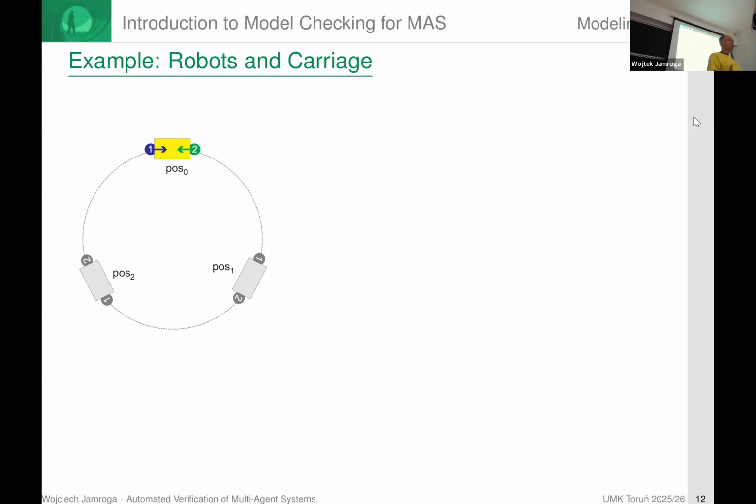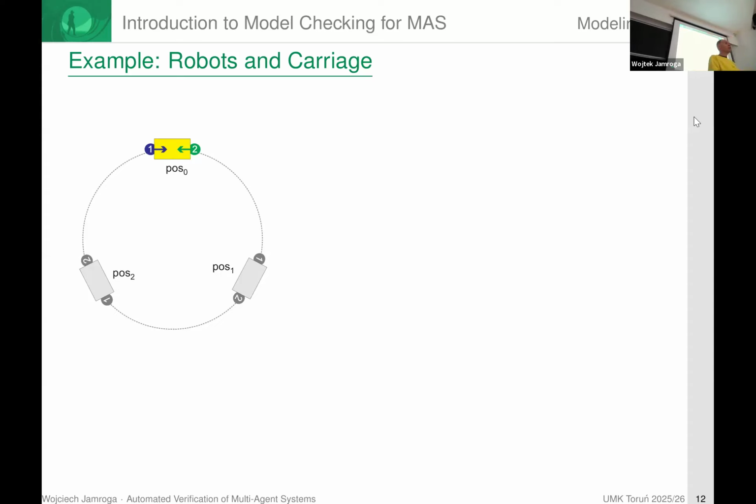Okay, and in order to make the model of the scenario discrete, because I'm only going to talk about discrete state systems and actually finite state systems, let's identify 3 different positions of the carriage that we are interested in, and on top of that, we assume that this is not only a discrete distributed system, but a synchronous distributed system.